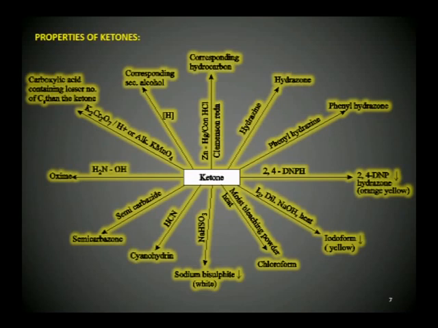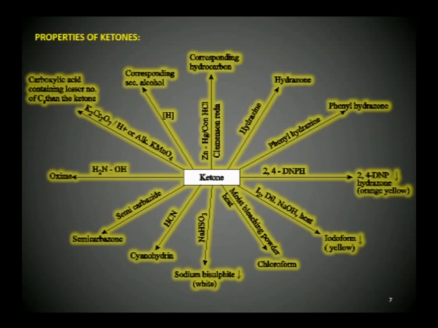As we saw with aldehydes, when secondary alcohols are oxidized, we get ketones. When ketones are oxidized, we get carboxylic acids. Carboxylic acids are reduced to ketones, followed by ketones being reduced to secondary alcohols.